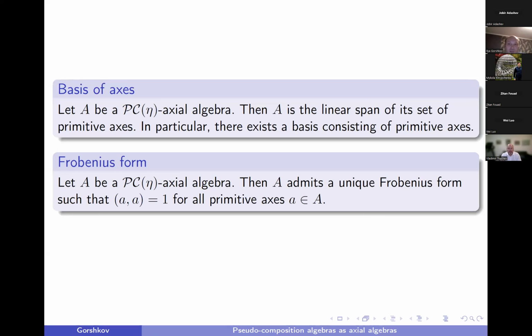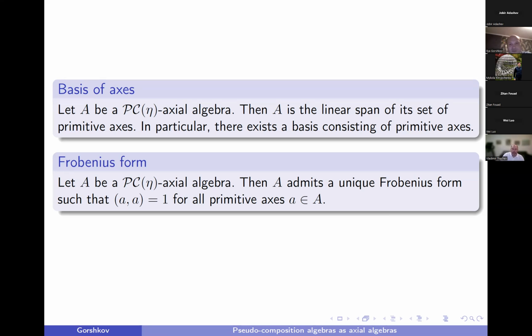If we take algebra A of pseudo-composition eta type, then A is a linear span of the set of primitive axes. In particular, this algebra includes a basis which consists of primitive axes.